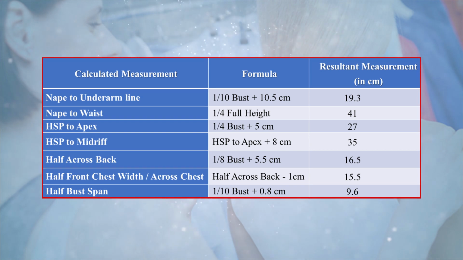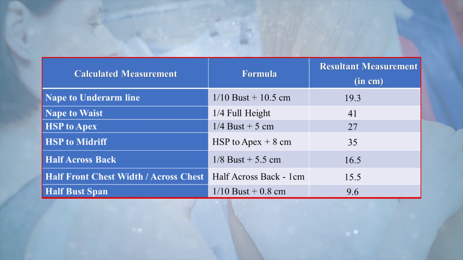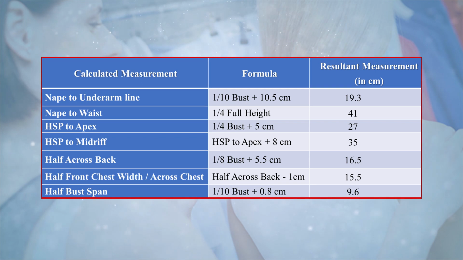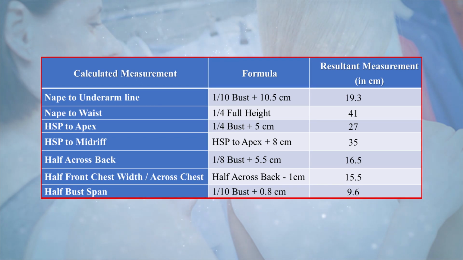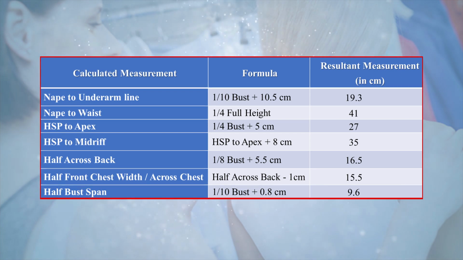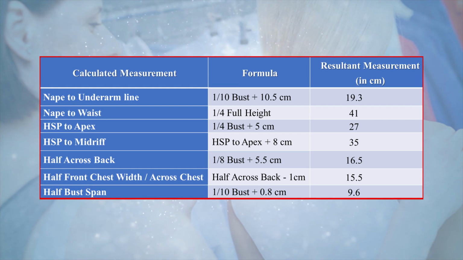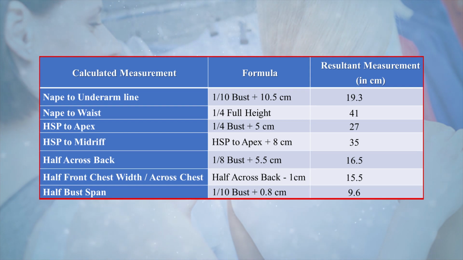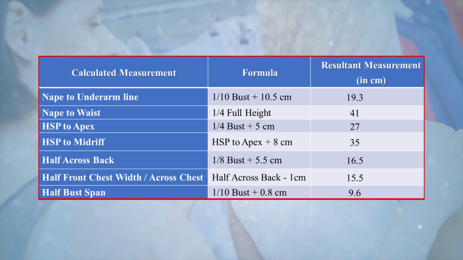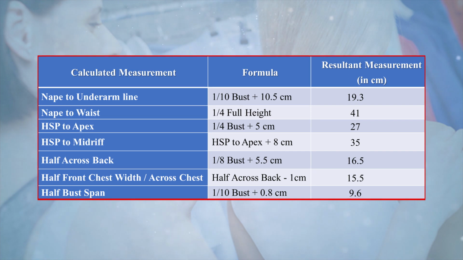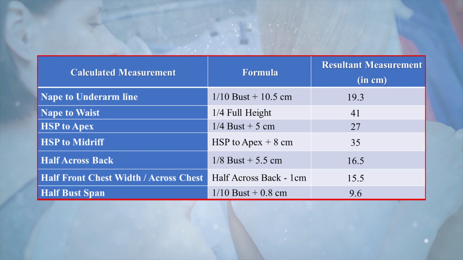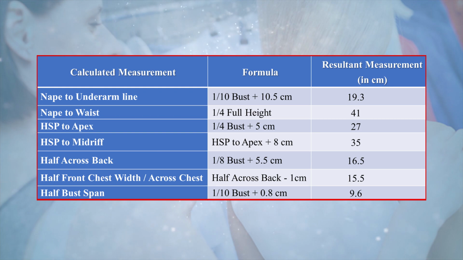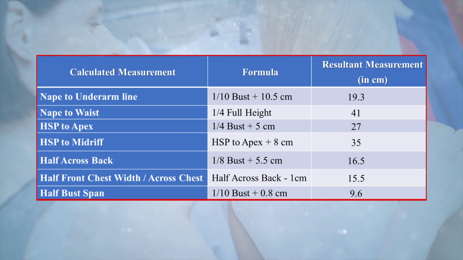The full height we use is 164 centimeters, so for this landmark we use 1/4 of that 164. In that way, from high shoulder point to apex we use 1/4 of bust plus 5 centimeters.